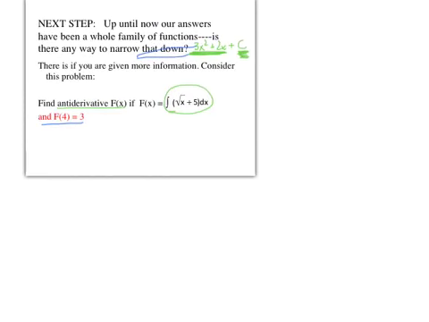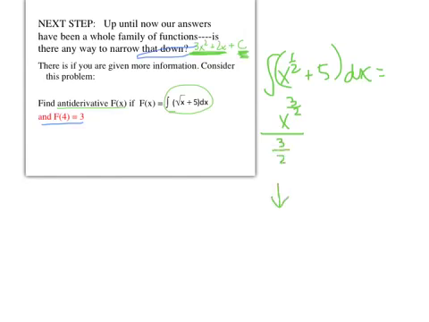The first thing you're going to do is find the antiderivative. So you're going to write that as x to the 1/2 plus 5 dx. And when you raise this by 1, you get x to the 3/2. Divide by that new number. But now when you divide by 3/2, that really flips over and multiplies, so you get 2/3 x to the 3/2.